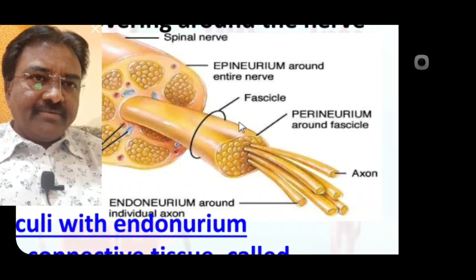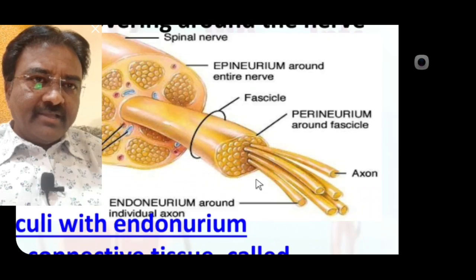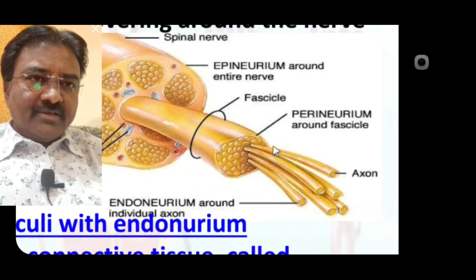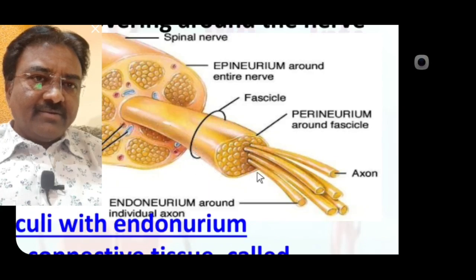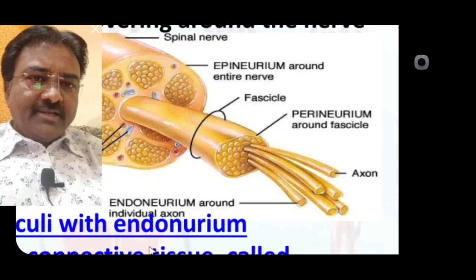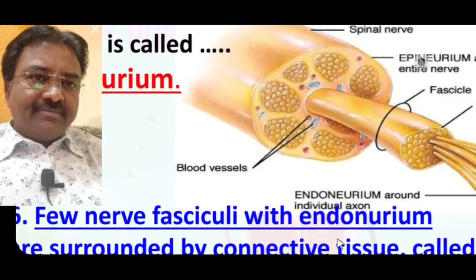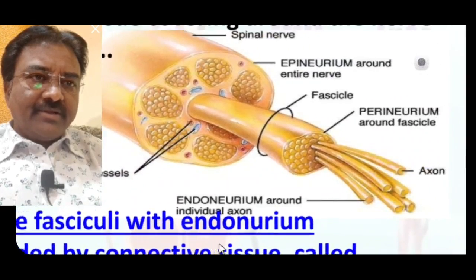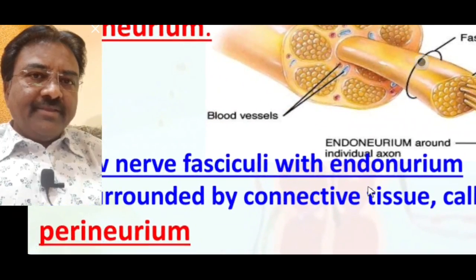This is the perineurium, means this covering is called as perineurium covering around the few nerve fascicules with endoneurium. Hope that you understood everything. These two terms: endoneurium is covering to nerve, and perineurium covers a few nerve fascicules with endoneurium covering.